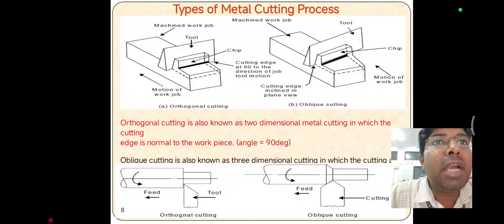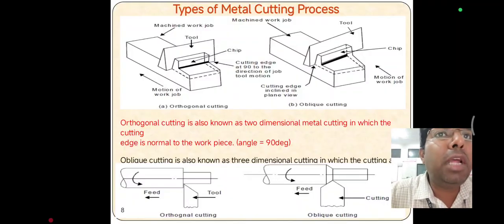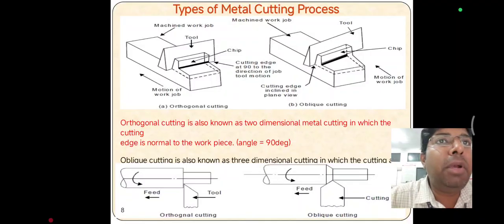Now, understanding this difference is important because it helps us to choose the right process for the specific application, ensuring efficiency and quality. Both types play a crucial role in the overall theme of metal cutting, highlighting how the geometry of the cutting tool affects the process. Now let's talk about the single point cutting tool.